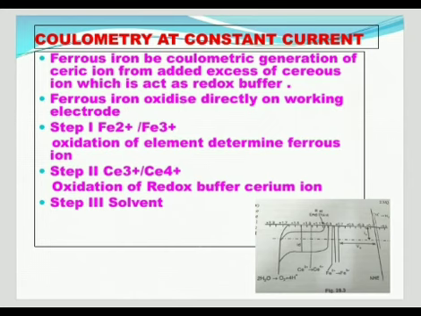The current is maintained at a fixed value. The product of current in amperes and time in seconds required to reach the equivalence point gives the number of coulombs, and thus the number of equivalents involved in the electrolysis.